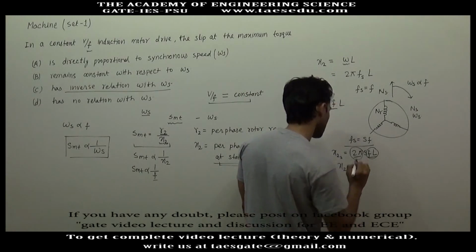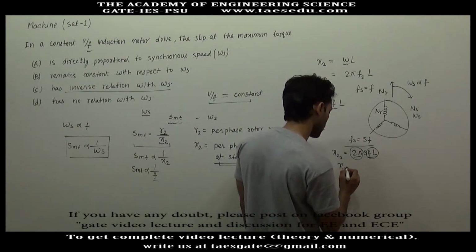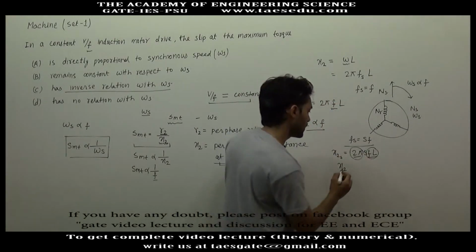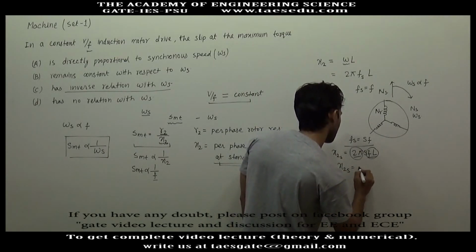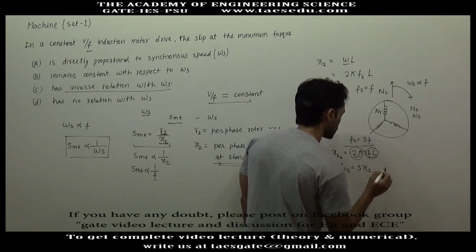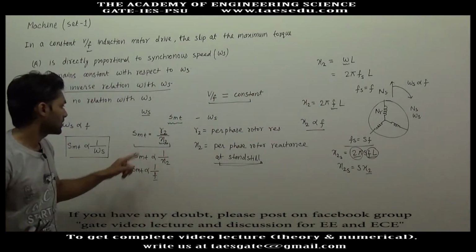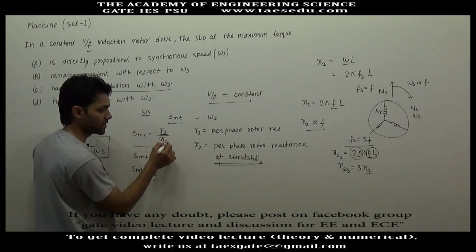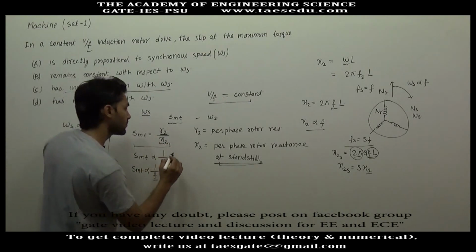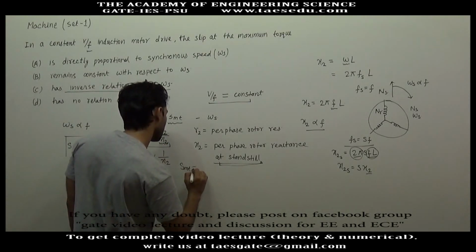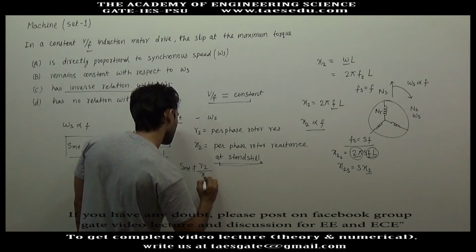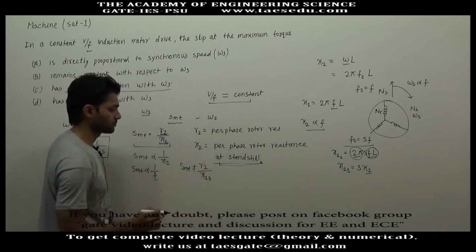So the actual reactance offered by the rotor winding at any slip S will be S into the reactance at standstill. But in this formula, SMT is R2 divided by X2, not R2 divided by the actual rotor reactance.